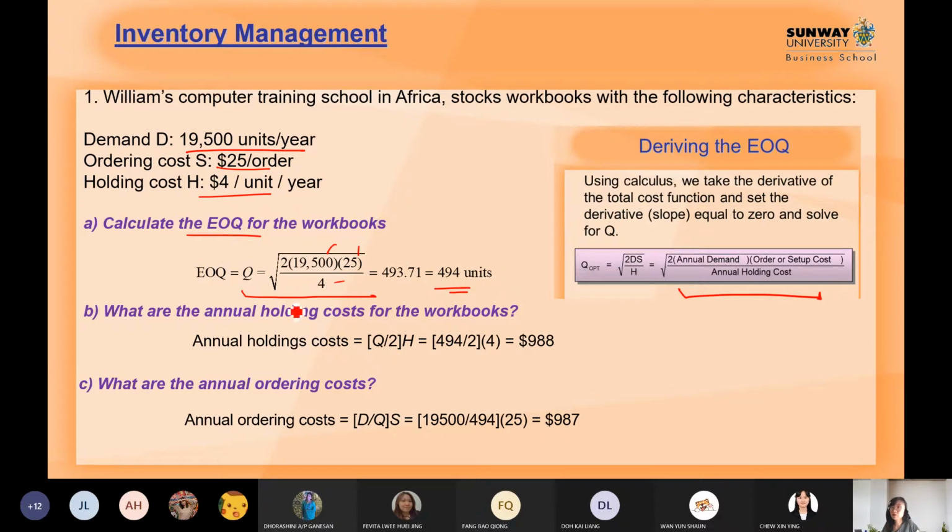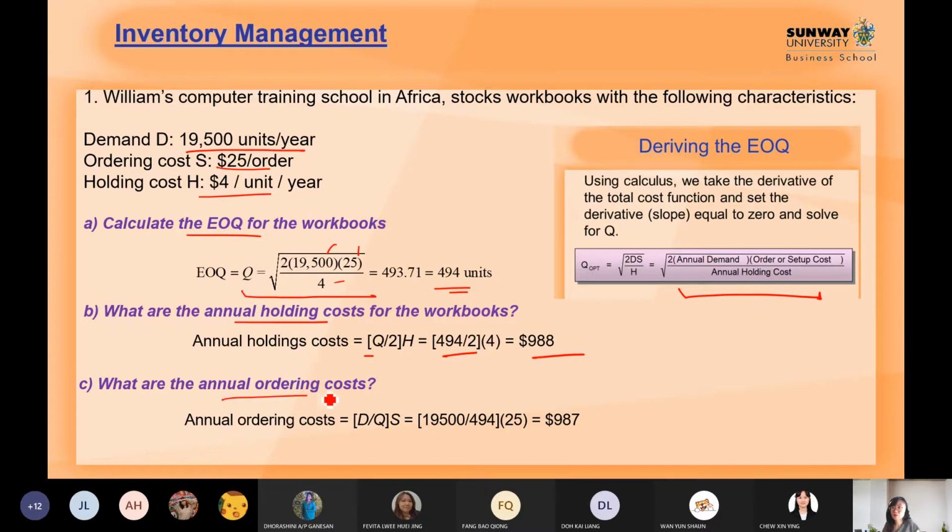What is the annual holding cost? Quantity divided by 2 multiplied by the holding cost. The minimum quantity is 494, so it is 988. This is much easier than what I explained during the workshop, right? This is just a calculation exercise.